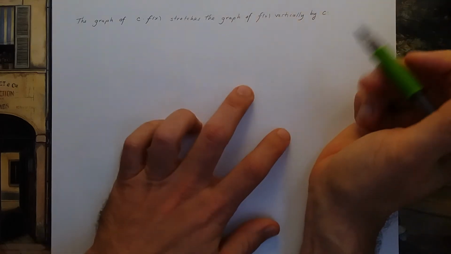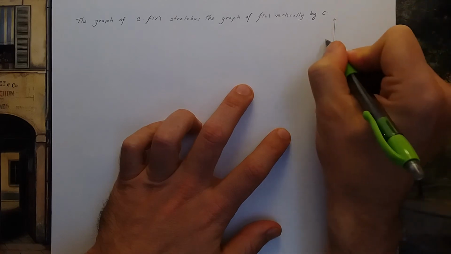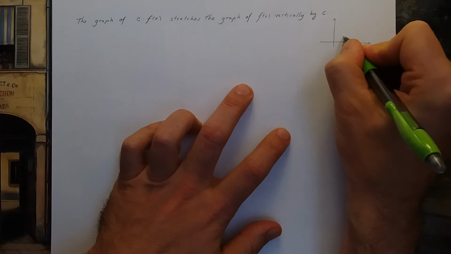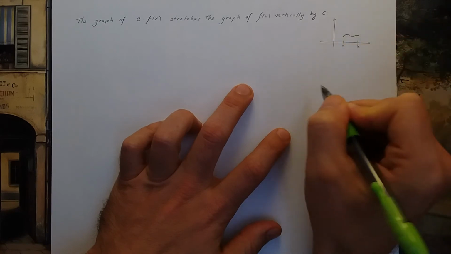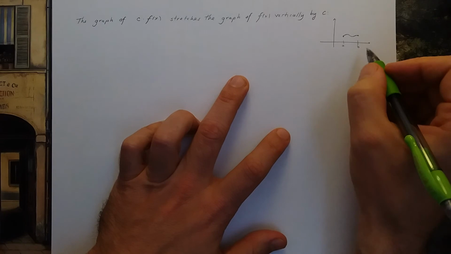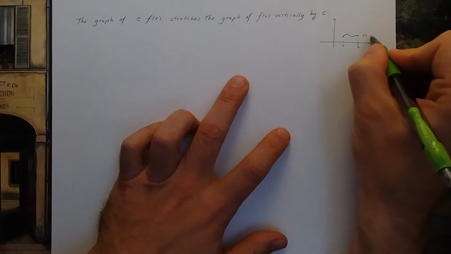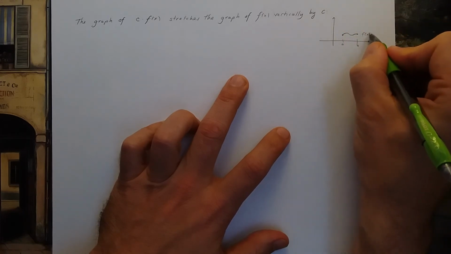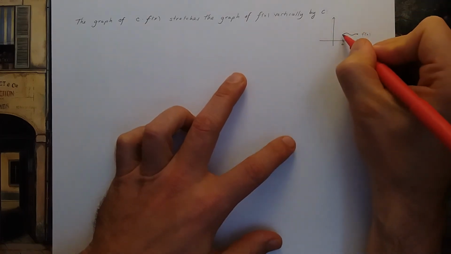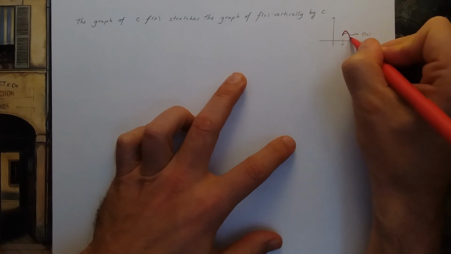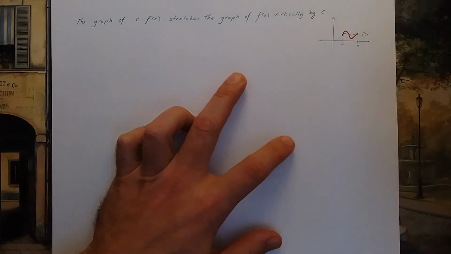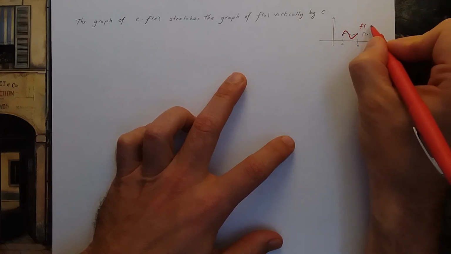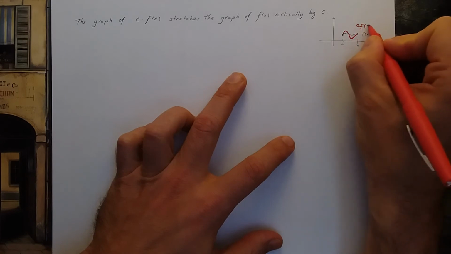So the picture of this situation would be, I have maybe a graph on the interval from a to b that goes up and down a little bit. When I multiply by a constant c, like 2, I'm going to stretch this graph vertically by 2 and exaggerate the up and down movements. Something like that. So that red graph could be c times f of x.